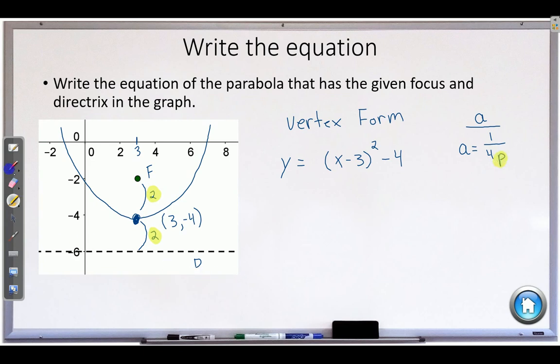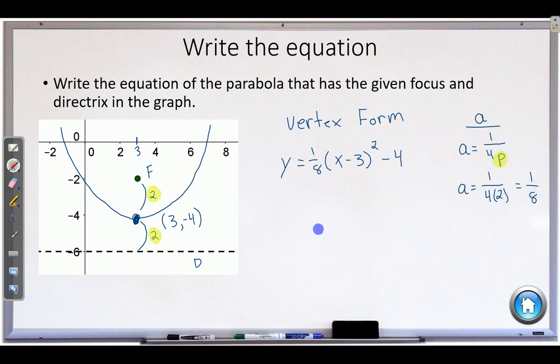The p value is the distance from the focus to the vertex, or from the vertex down to the directrix. It's the same. And so that is the number that goes right here. So in this case, our a value is 1/4 times 2. And so our a value is 1/8.